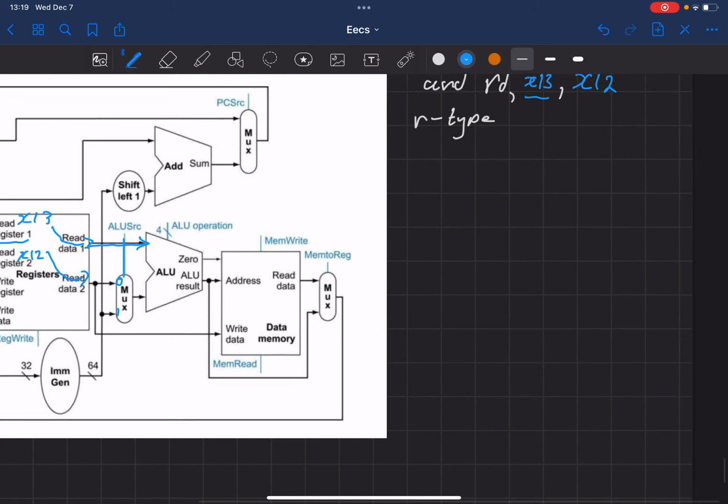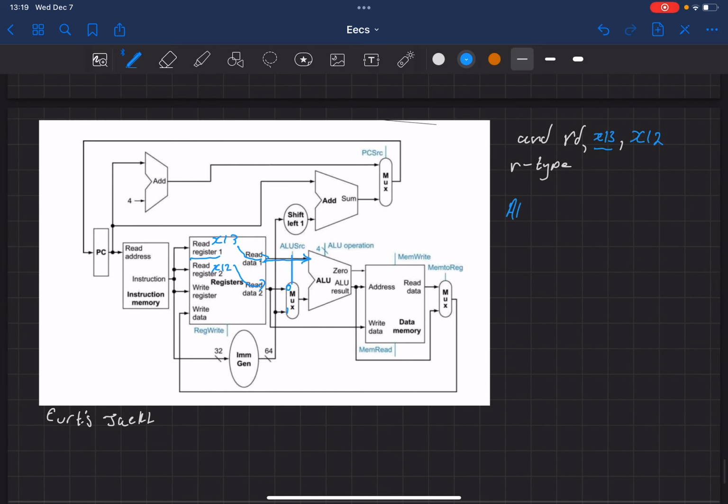So we can go ahead and write over here ALU SRC. It wants to choose either 0 or 1, so we're going to pass a 0 there because we want to read register 2's data. So we're going to pass a 0 in there, and that is going to allow for the X12 register to simply pass and go straight into the ALU.